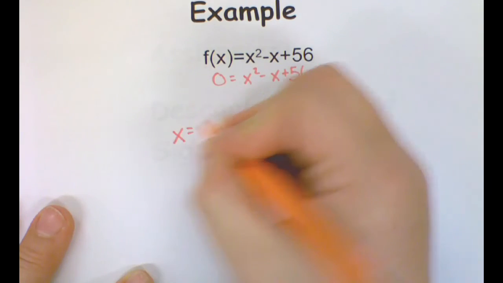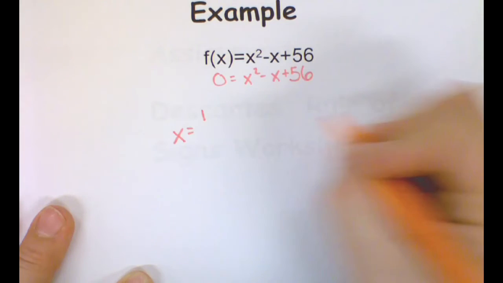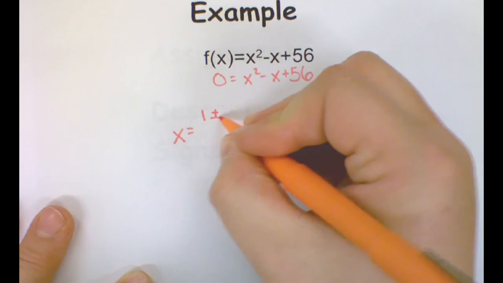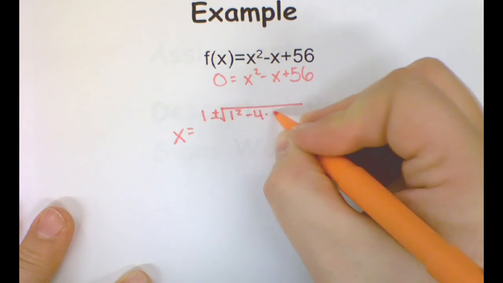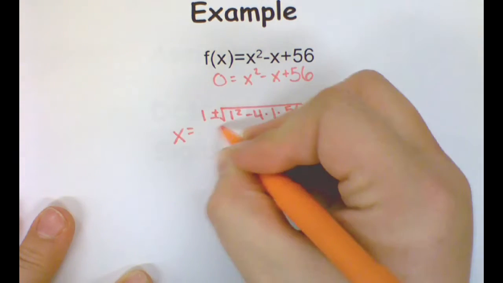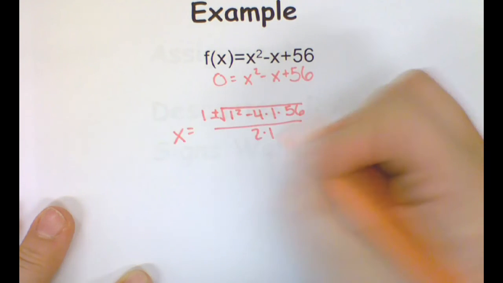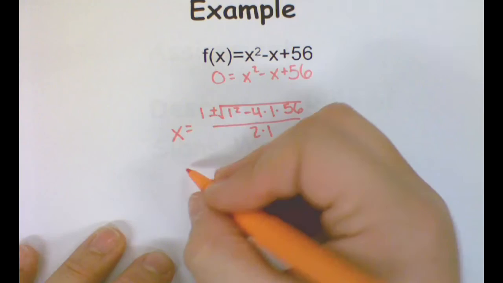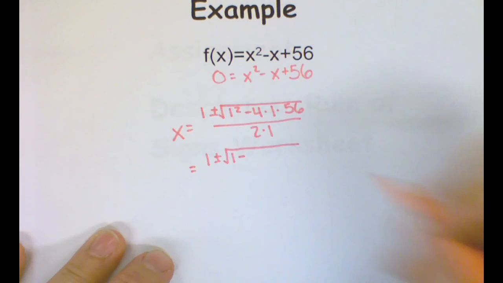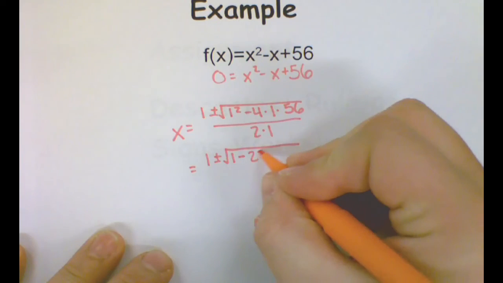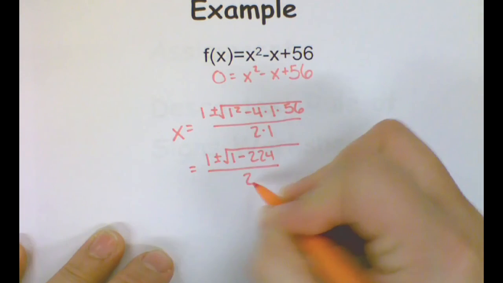X is equal to negative b, negative 1 makes positive 1, plus or minus the square root of b squared minus 4 times a times c all over 2a. And now we simplify. I have 1 plus or minus the square root of 1 minus 4 times 56 gives me 224 all over 2.